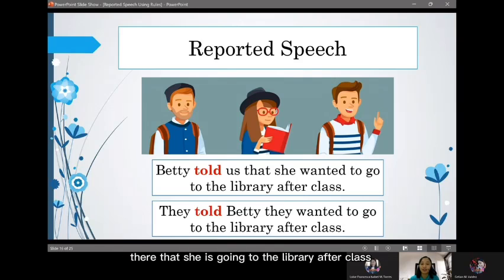So it can be that Betty told us, which is her friends, that she wanted to go to the library after class. Or it can be that it was her friends that told her that they wanted to go to the library after class. Okay? So it actually depends on the context.